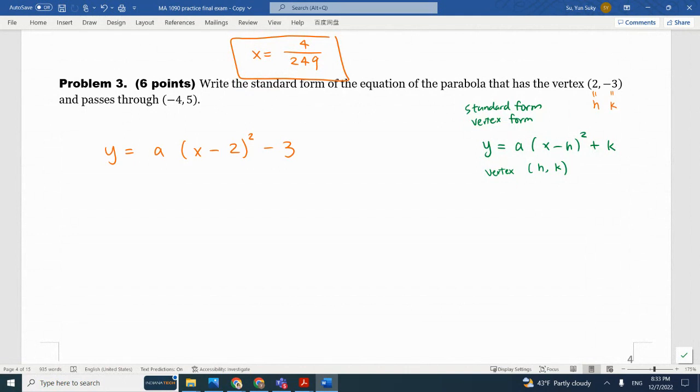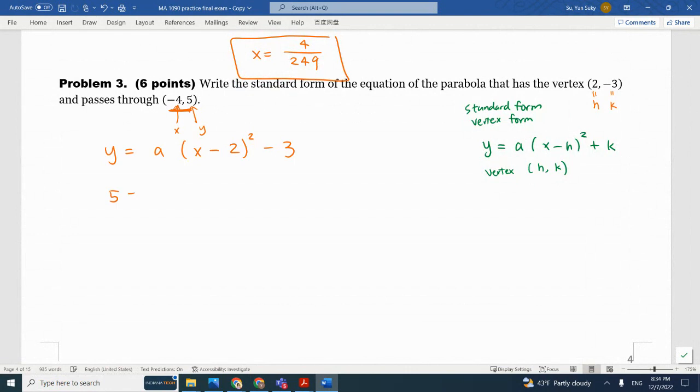Alright. And how do we find the a? Well, you use this information. The parabola passed through -4 and 5. That means you plug in x is -4 and you plug in y is 5. The equation is true.